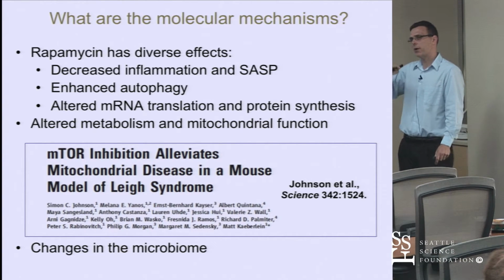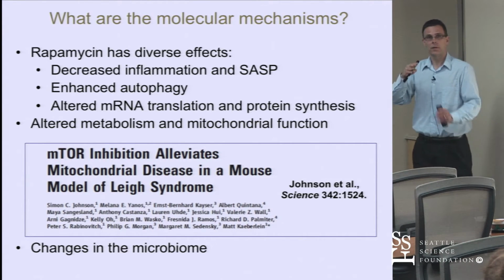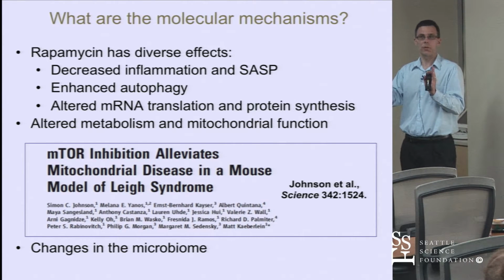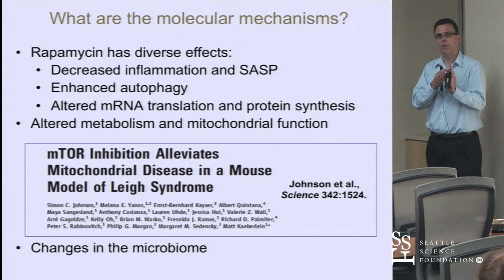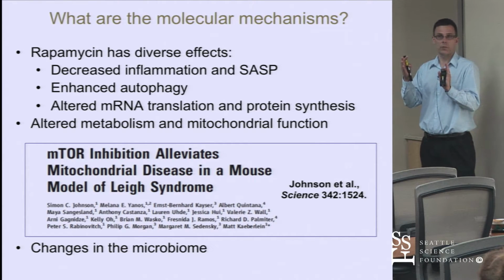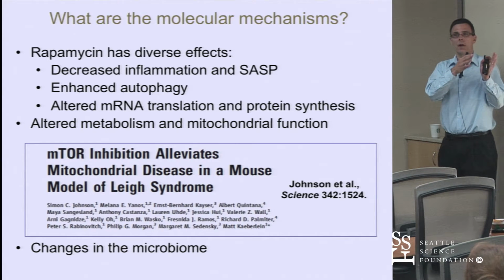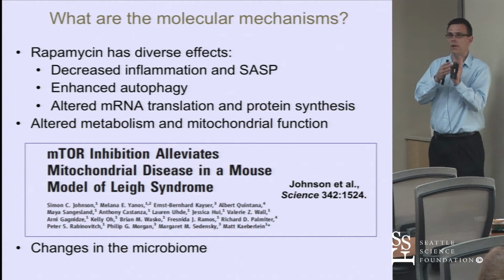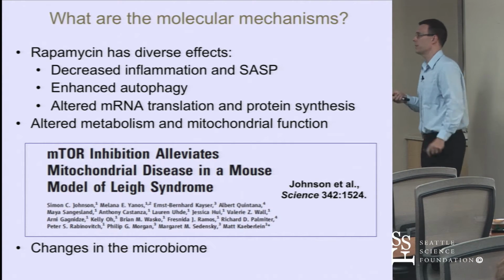I'm not going to try to argue that aging is mitochondrial disease or that mitochondrial disease is accelerated aging. I do think that it's clear that mitochondrial dysfunction increases as we get older and as other animals get older, and that to some extent aging could be an acquired mitochondrial disorder. And so we think that the effects of rapamycin on mitochondrial function in this disease model may also contribute to the effects of rapamycin on age-related disease.